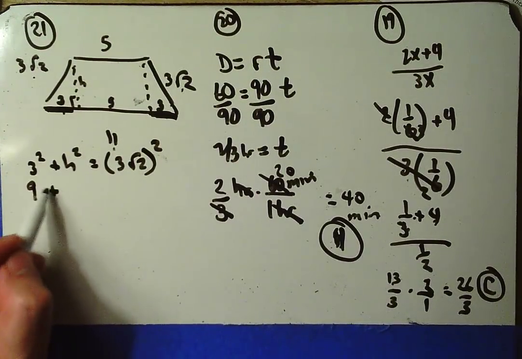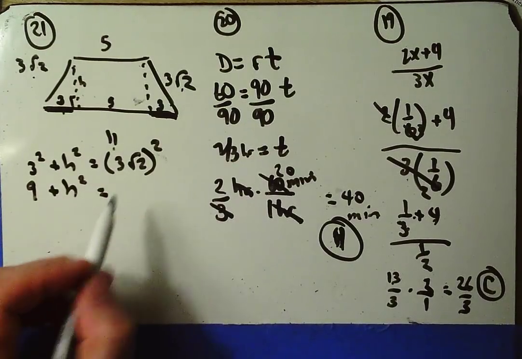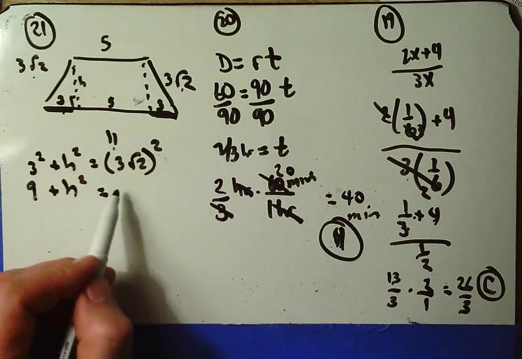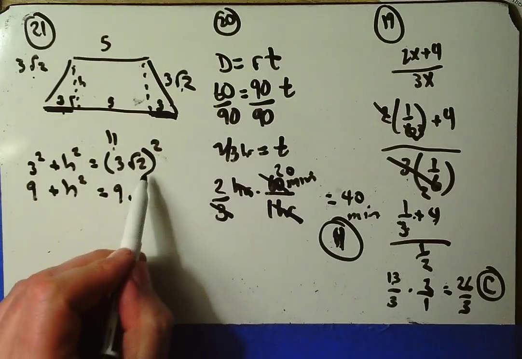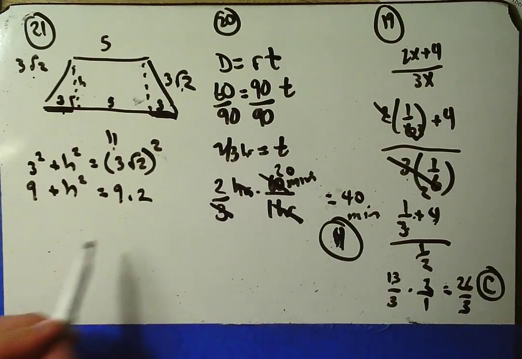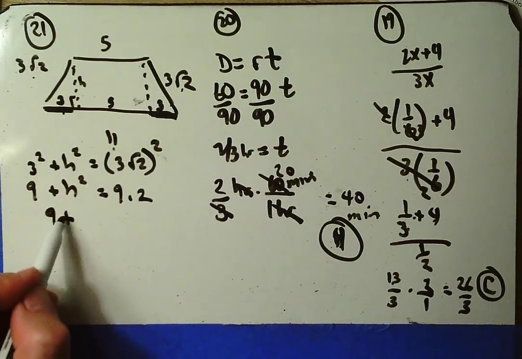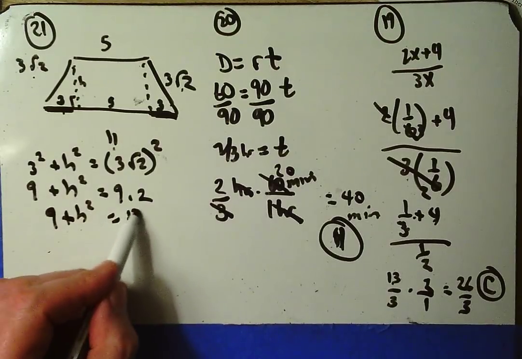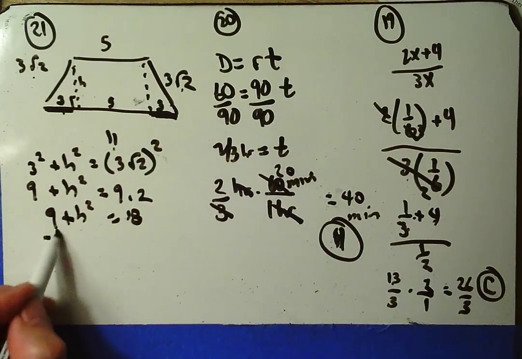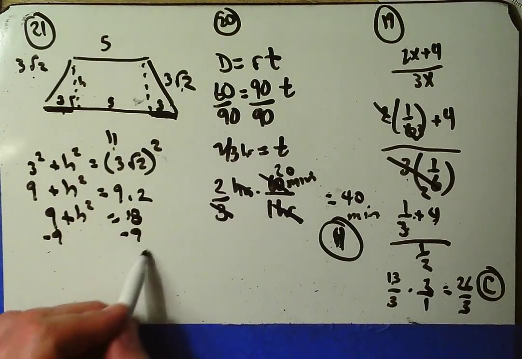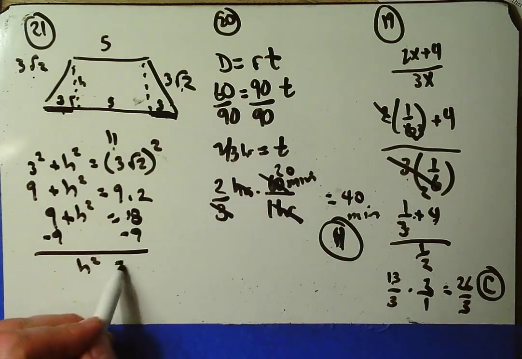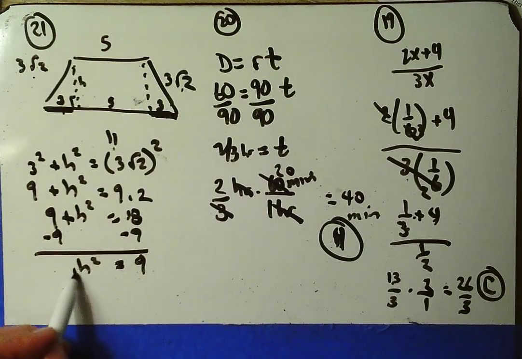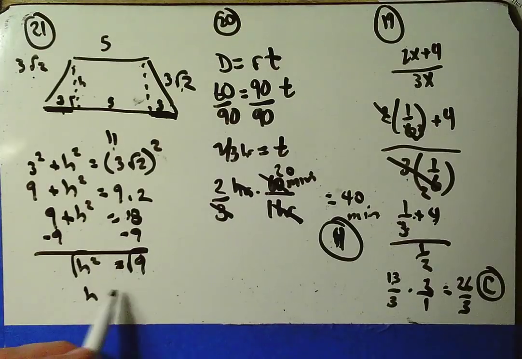So I get 9 plus h squared equals, I've got to square the 3, and I've got to square the root 2, so I get 9 plus h squared equals 18. I'll subtract 9 from both sides, I'll get h squared equals 9, and when I take the square root of each side, h equals 3.